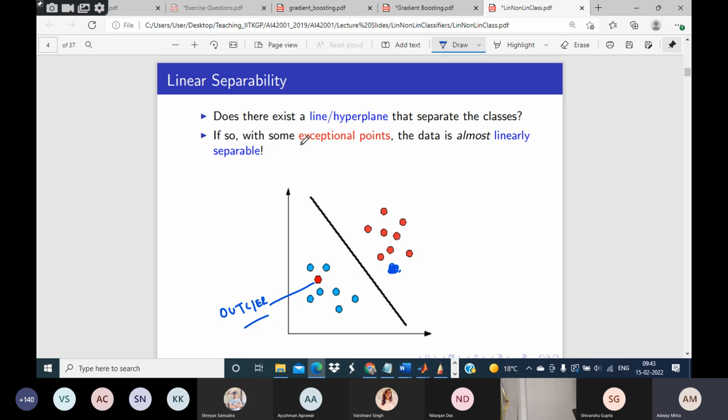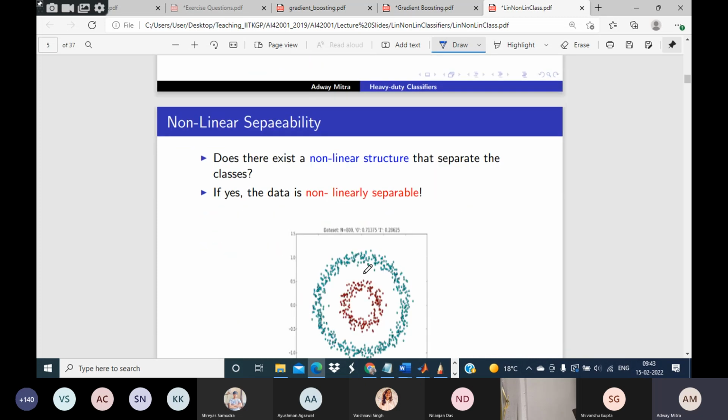It means that apart from a few exceptions, you can always find a line such that the rest of the points are sorted according to class: those belonging to one class lie on one side of the line, those belonging to the other class lie on the other side, with a few exceptions.